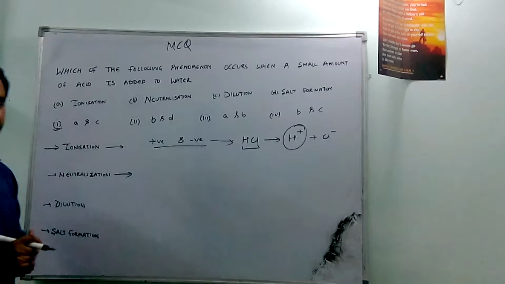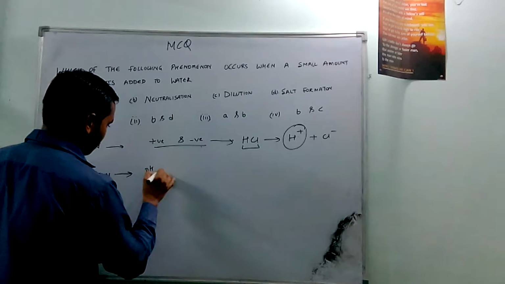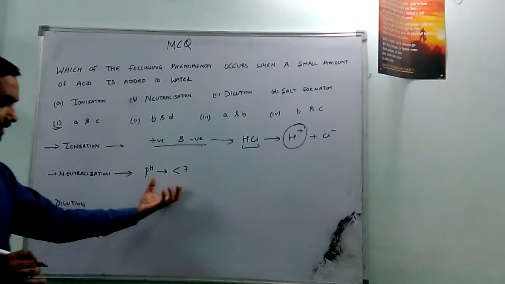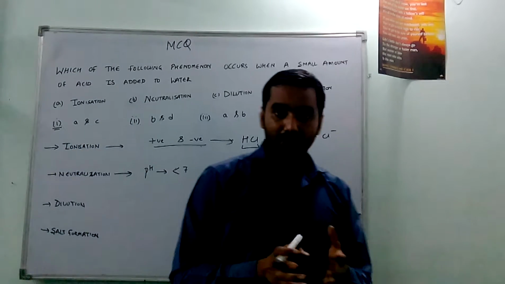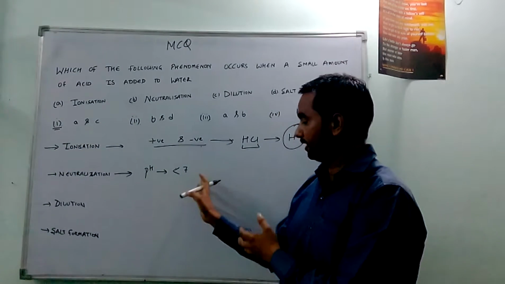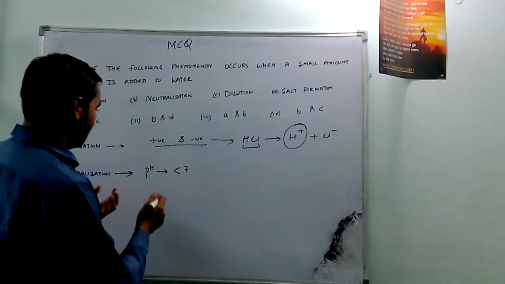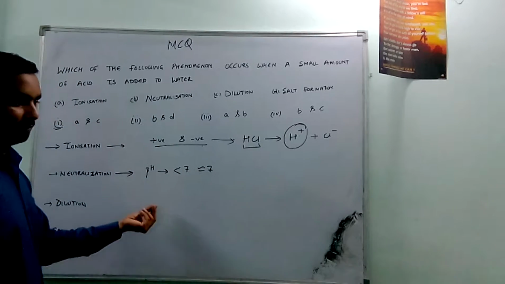The second is neutralization. Acids have a pH value of less than 7. As we add acid to water, the pH value of the acid decreases and becomes nearly equal to 7 by adding a small amount of acid.